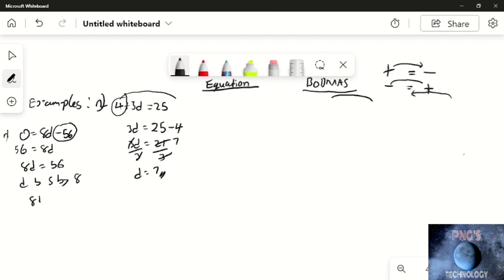So now 8d over 8 equals 56 over 8. So 8 cancel 8. So counting in 8, we have 8, 16, 24, 32, 40, 48, 56. 1, 2, 3, 4, 5, 6, 7. So d equals 7. And that's our answer.